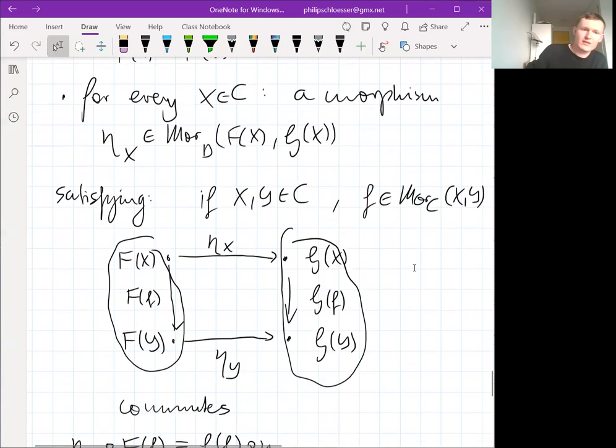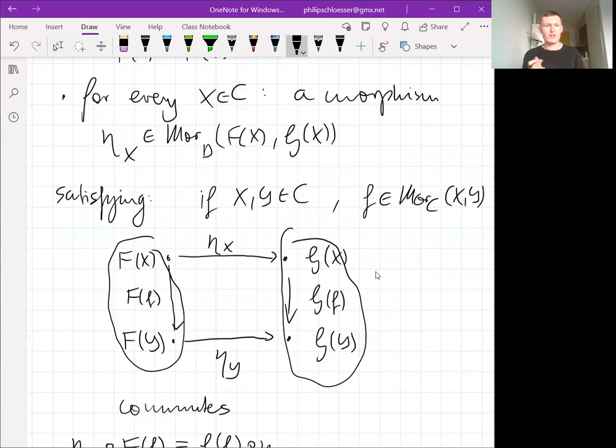Now what we say is we want our natural transformation between two functors to be, well, we have a lot of objects in C, a lot of objects in D. Namely, for example, F of x, G of x, F of y, and G of y.